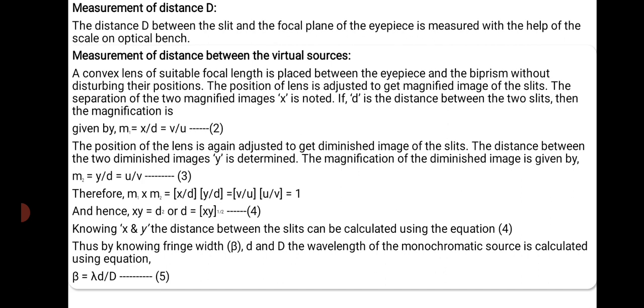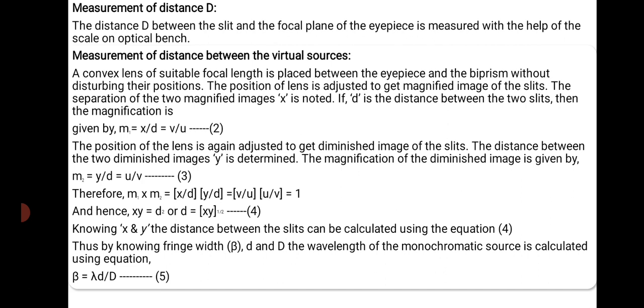Therefore, m1 into m2 is equal to x by d into y by d, which is equal to v by u into u by v, which is equal to 1, and hence x into y is equal to d square, or d is equal to square root of x into y.